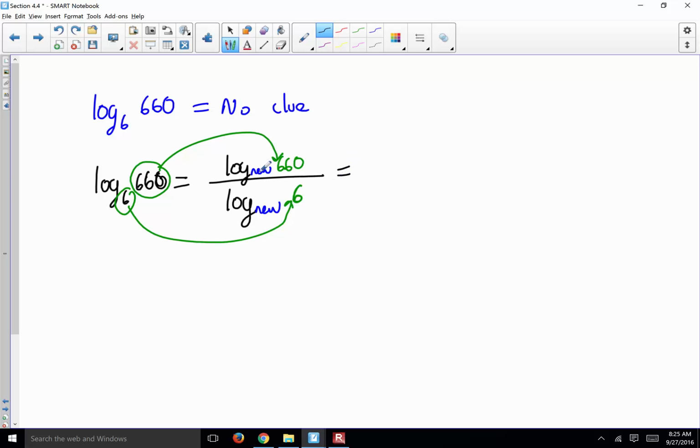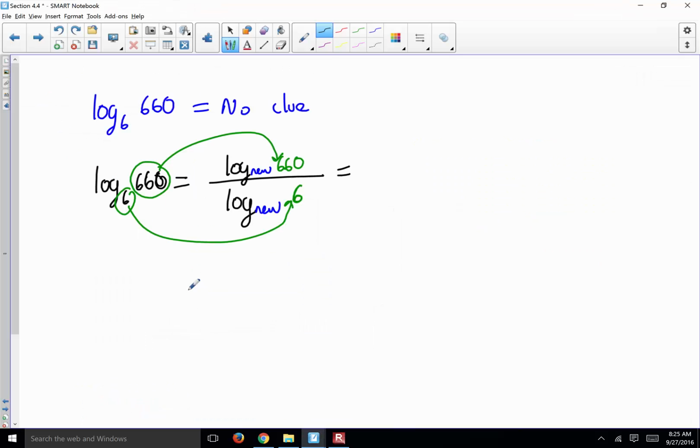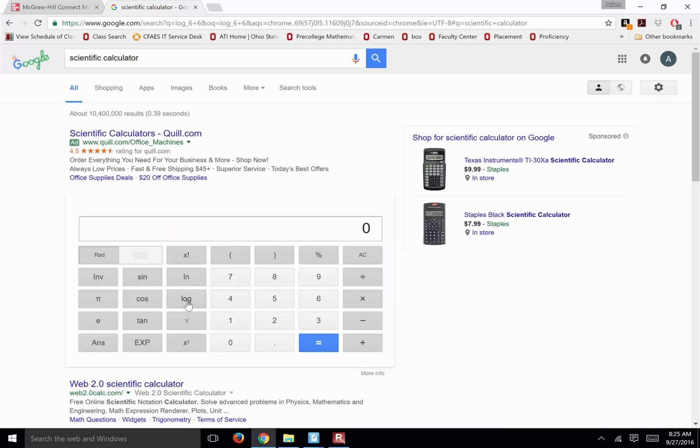Look, what base do you want to choose now? New base should be something you can use on your own calculator. You can do ln, you can do logarithm base 10. So I want to do logarithm base 10 and compute it. What is logarithm base 10 of 660? It is 2.819543.